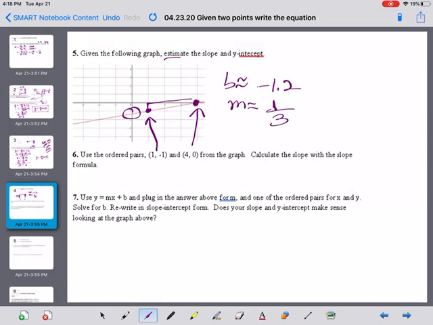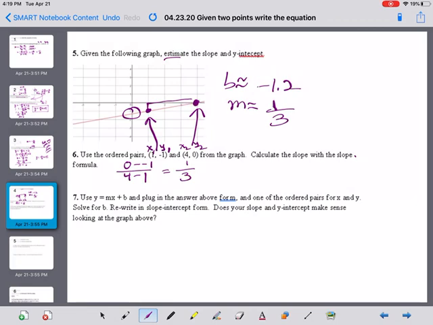So let's find the slope using, so no picture whatsoever. So we have 0 minus -1 over 4 minus 1, right? x1, y1, x2, y2. So that gives you 1 over 3, just like we said.